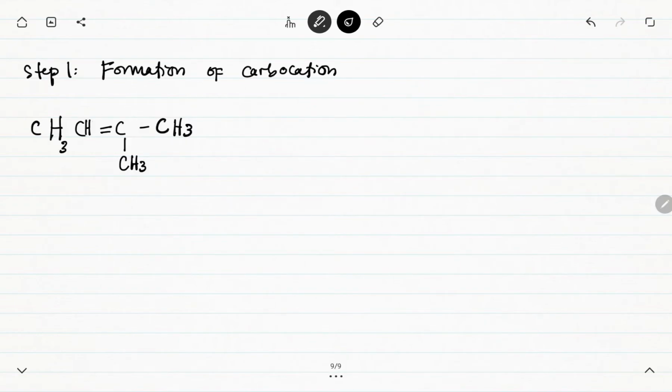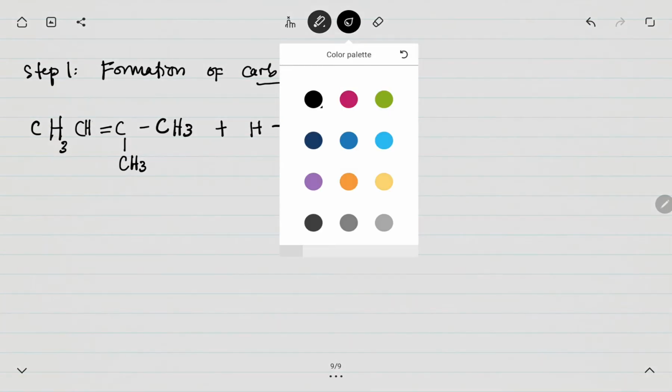In step 1, our reactant with the carbon-carbon double bond must react with our catalyst, because the catalyst helps the chemical reaction, but at the end of the reaction the catalyst is not consumed. If you want to produce a carbocation, we must add a hydrogen species to the carbon-carbon double bond.